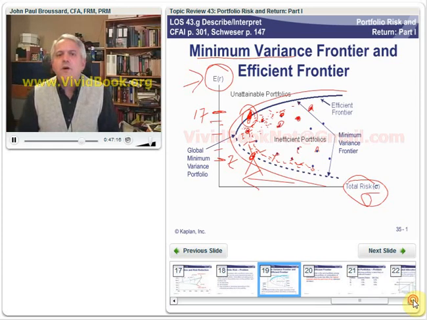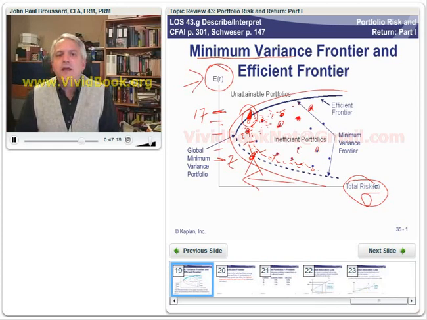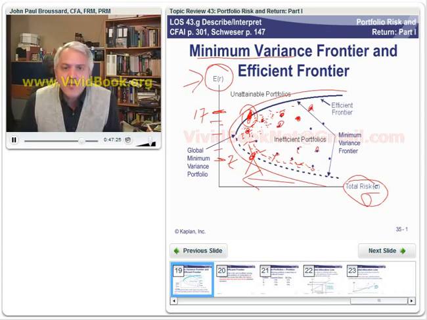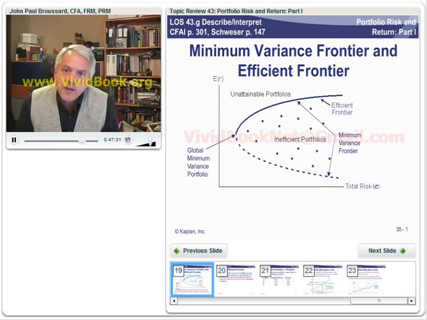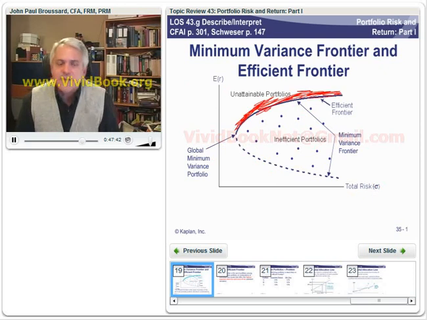We don't want the ones down here because we have the opportunity of having another portfolio that generates a greater level of return. Now I'm going to clear this off to get rid of this chicken scratch. Those portfolios up here on the minimum variance frontier, at the top of this half ellipse, we will call the efficient frontier.